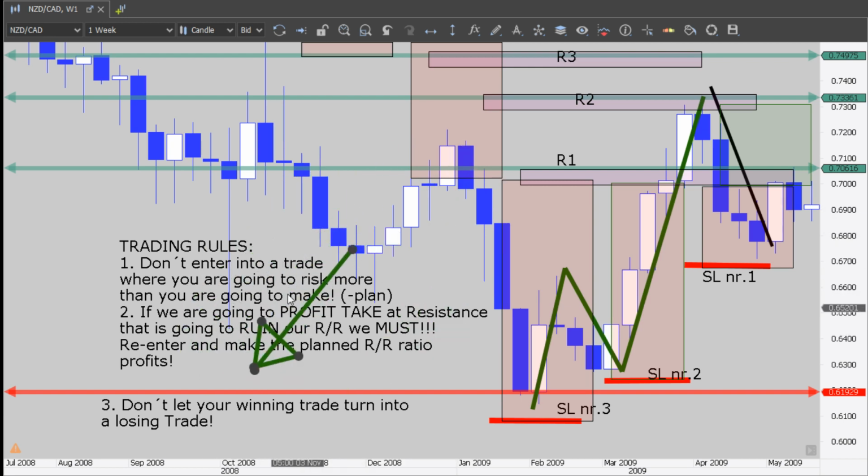Is this clear, everybody? If you are going to take just small profits, and then close the currency pair or go do some other stuff instead of continuing to trade, you should continue to trade, otherwise you are going to form bad trading habits.